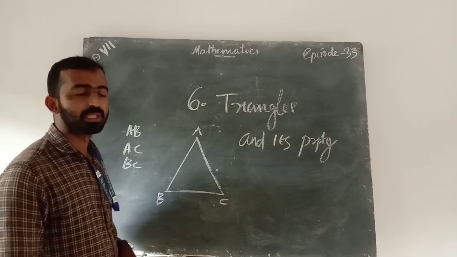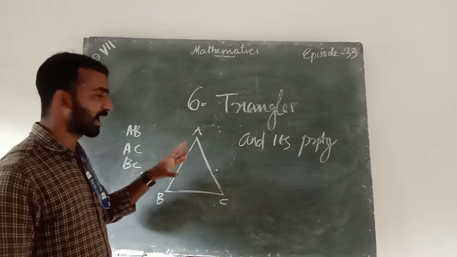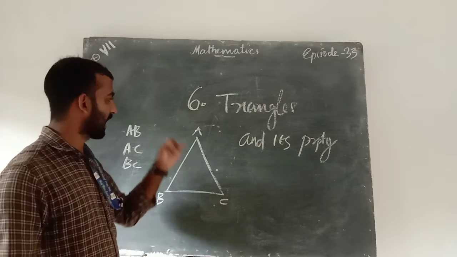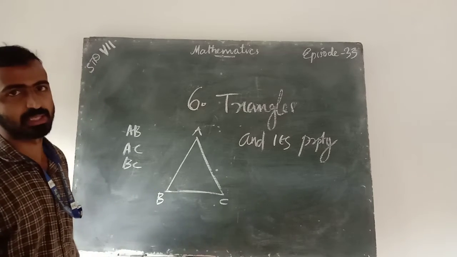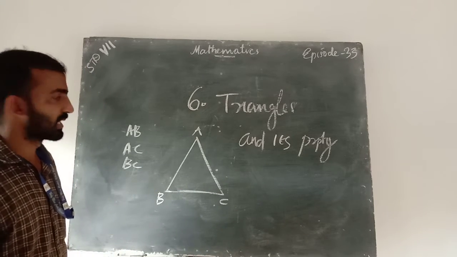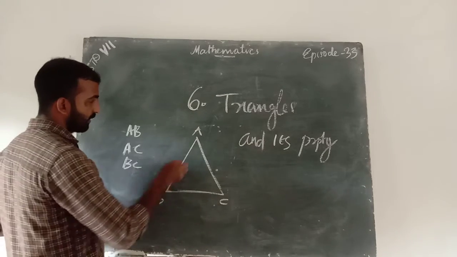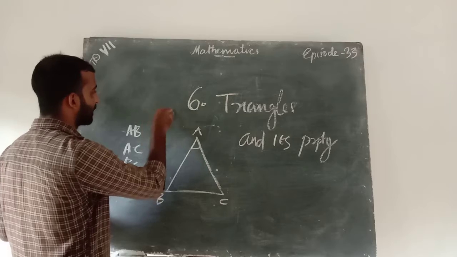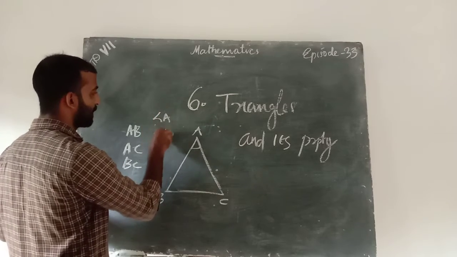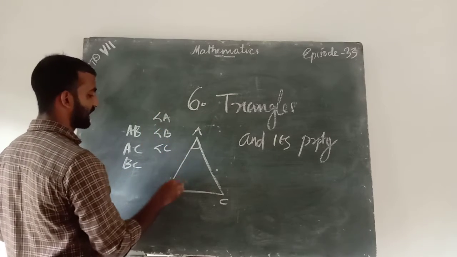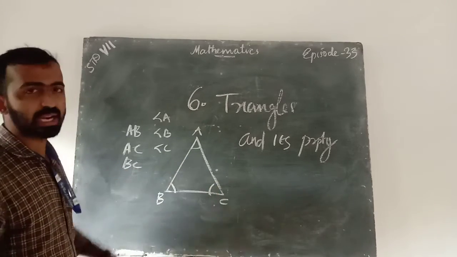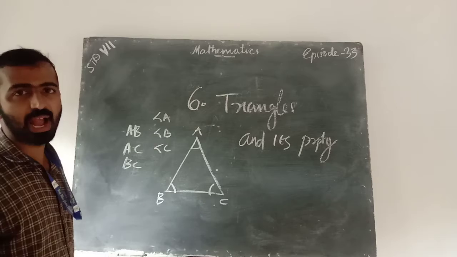So a triangle has three vertices, three sides, and three angles. We can name the angles: angle A, angle B, angle C. These are the three angles.